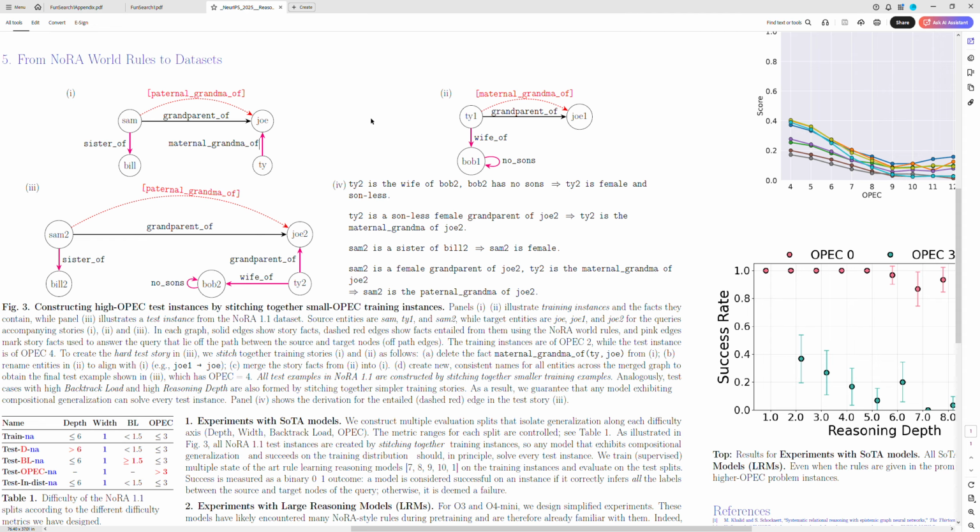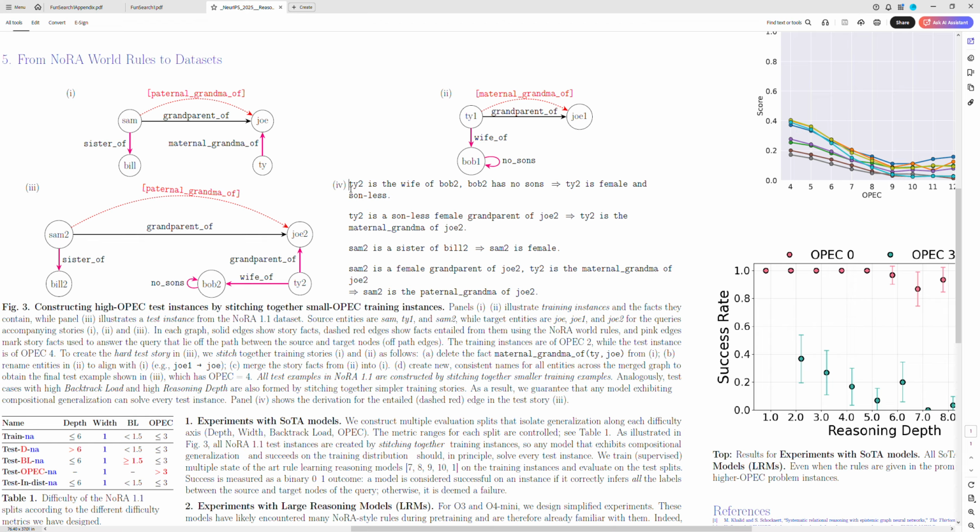You glue these two stories together and you get story 3. And you change the names as well, because we always want to have unique names. We don't want our models to use the node names to solve the problem. Okay, so now you've glued these two problems together to get this one. And the query is, what is the relationship between Sam2 and Joe2?